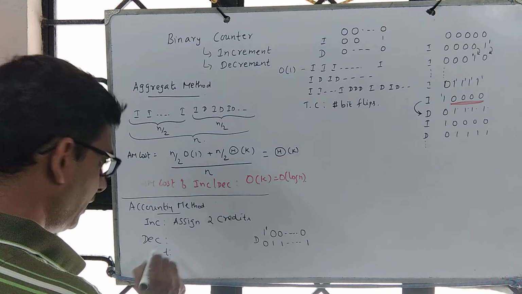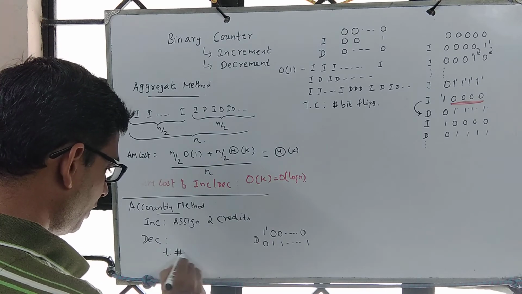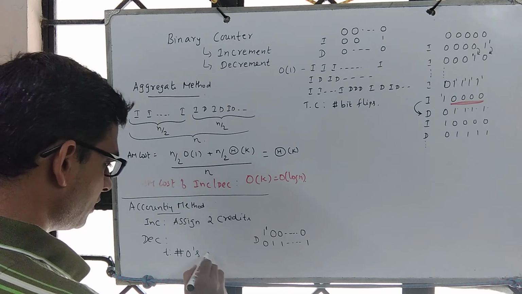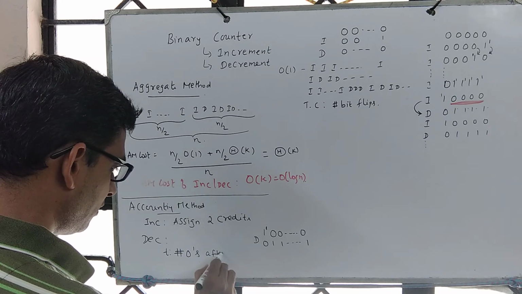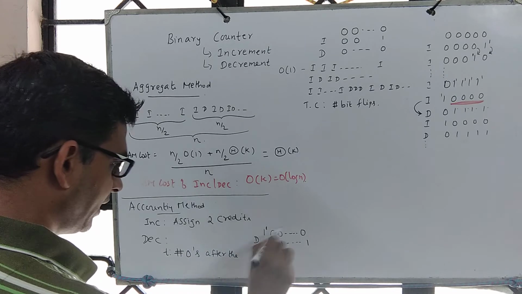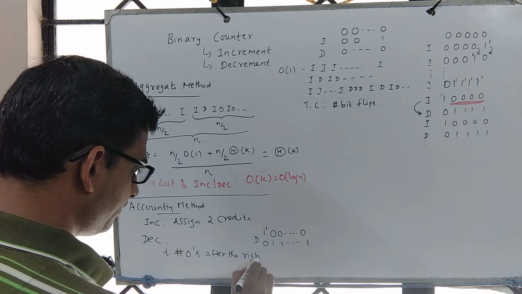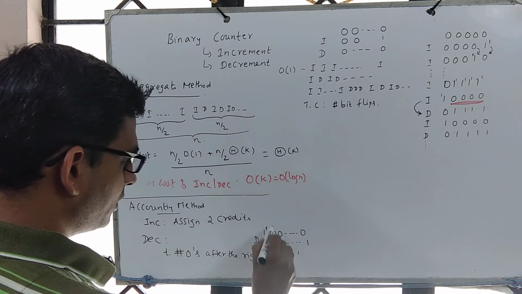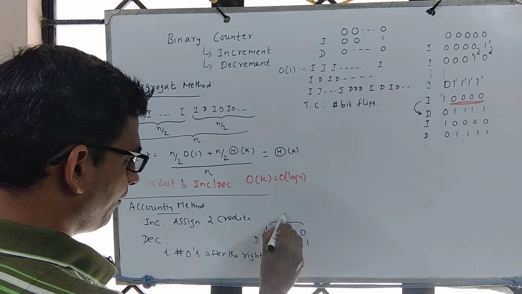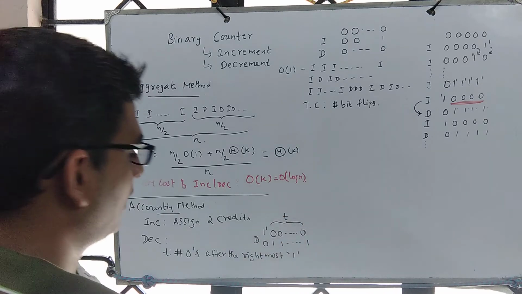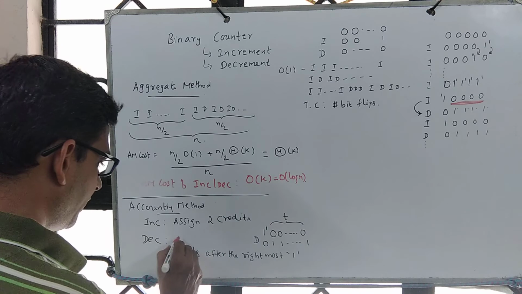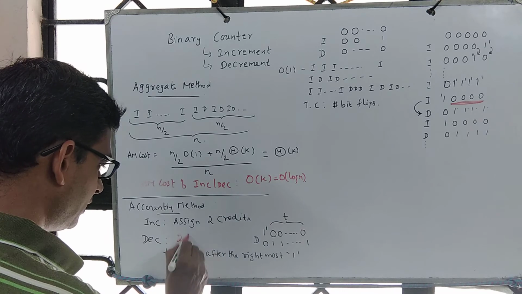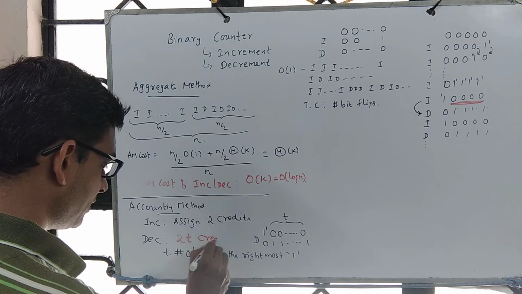Let T denote the number of zeros after the rightmost one. So this is our T. Then as part of decrement, we charge 2T credits.